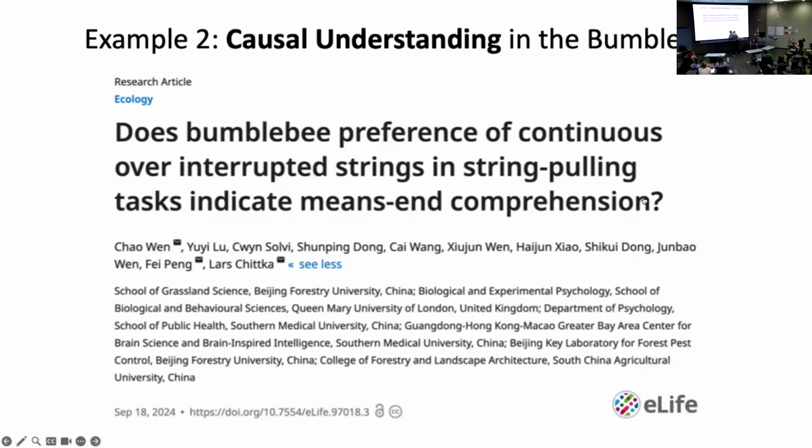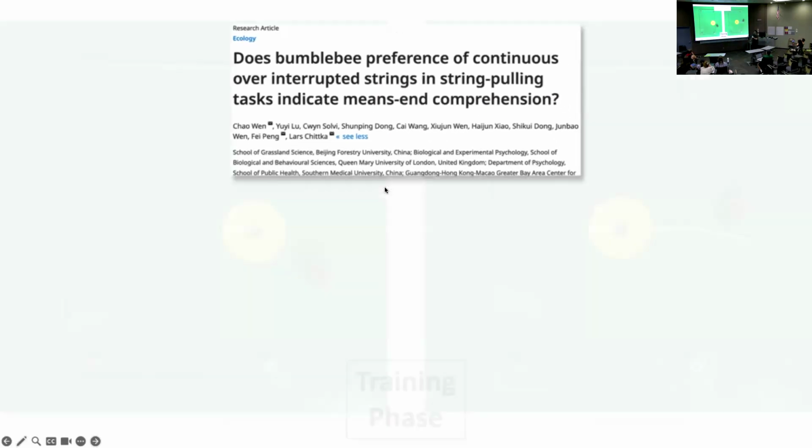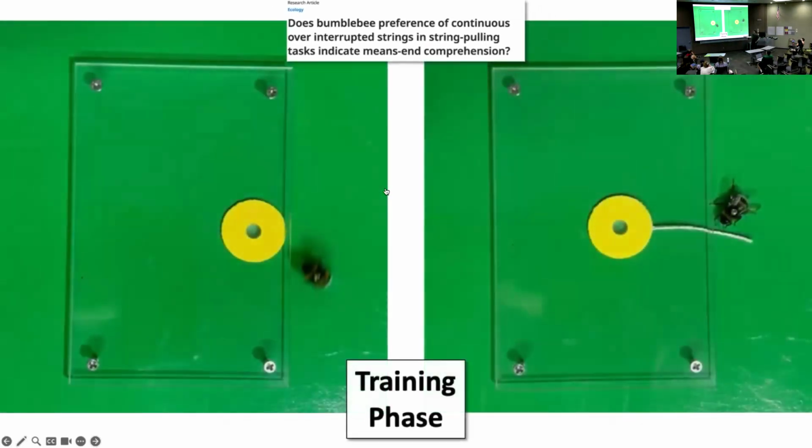But they want you to think that the answer is that the bumblebees are doing a very highly cognitive thing. And that's what this means-end comprehension is, which I'll explain as we go through this paper. These are bumblebees, and we're going to see videos of them here.